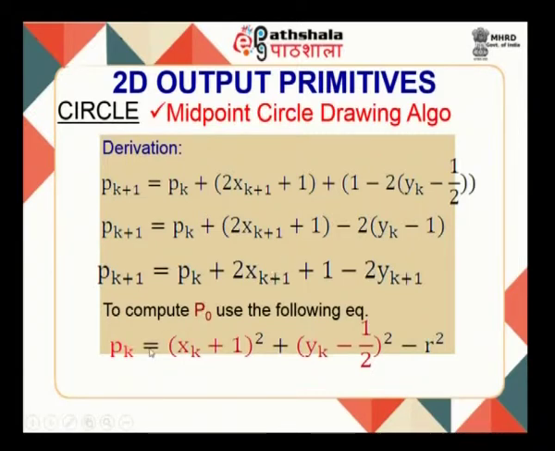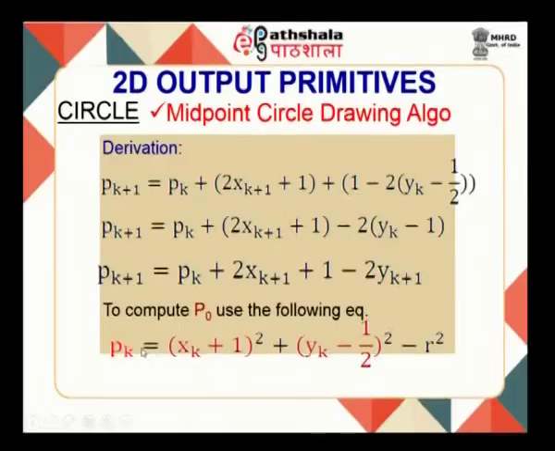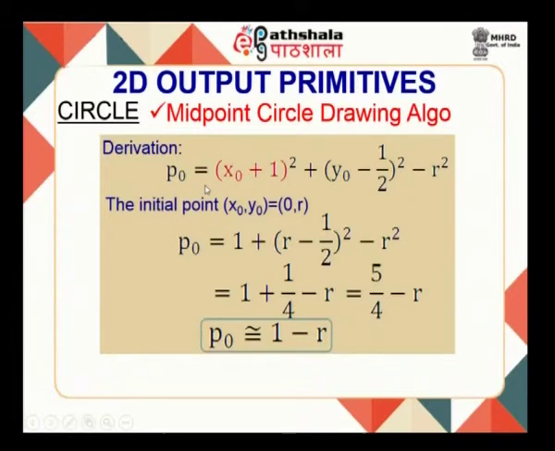So, as we did in Bresenham's line drawing procedure, the initial decision parameter is always to be computed to start with. So, take p_k as this equation as we started with, wherever there is k, replace that with 0, and p_0 is equal to (x_0 plus 1) whole squared plus (y_0 minus half) whole squared minus r squared, and the initial point (x_0, y_0) is equal to (0, r).